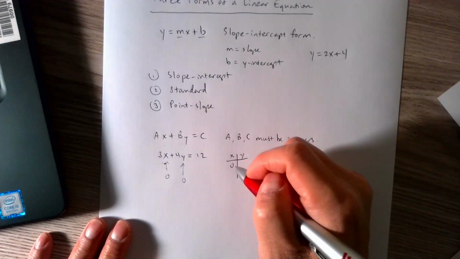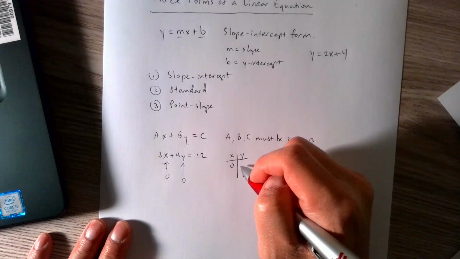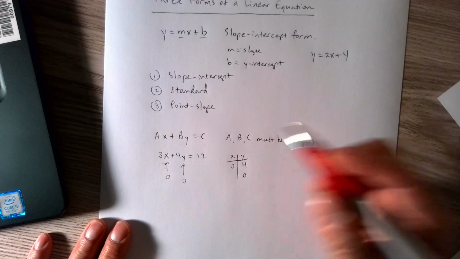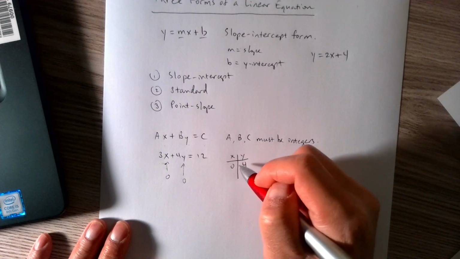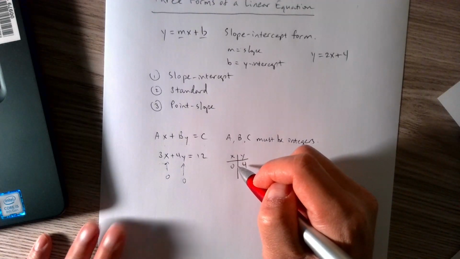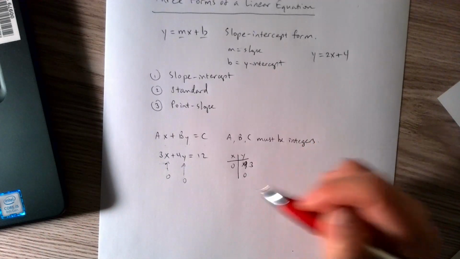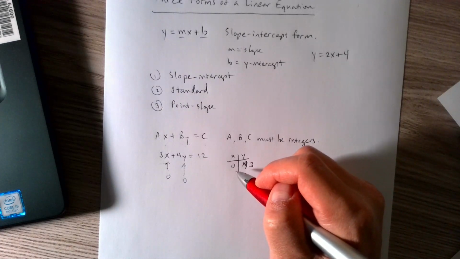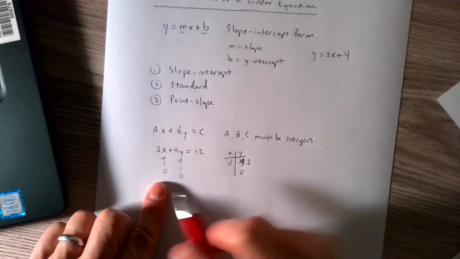Within 5 seconds, I'll know the y-intercept is 4, and the x-intercept is... Sorry, 3 for the y-intercept, and the x-intercept is, let me get this right.